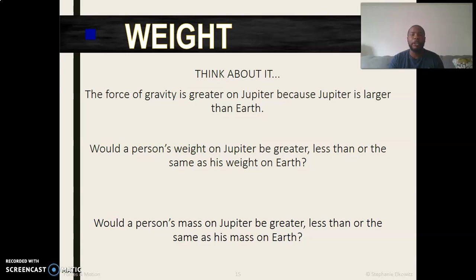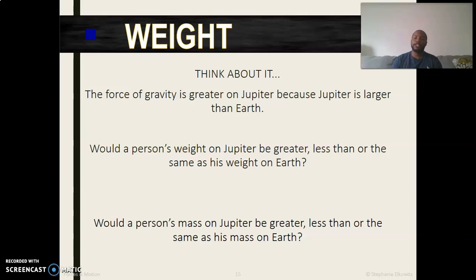So if Jupiter is a bigger planet and it has more mass, then it must have a bigger gravitational pull. So if it has more gravity, you're going to weigh more on Jupiter than you do on Earth, because Jupiter is a bigger planet.